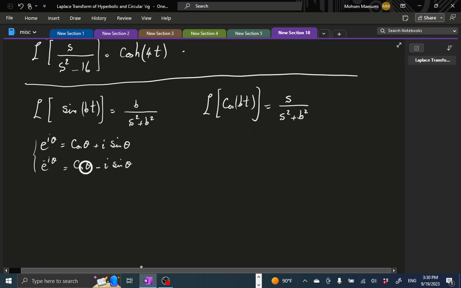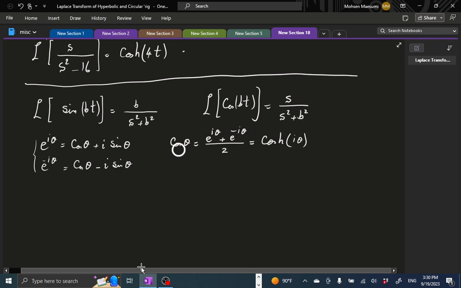So if I add these two, sines cancel out, and I get cosine of theta is e to the power of i theta plus e to the power of minus i theta divided by 2, which is, based on the discussion that we just had, cosine hyperbolic of i theta.